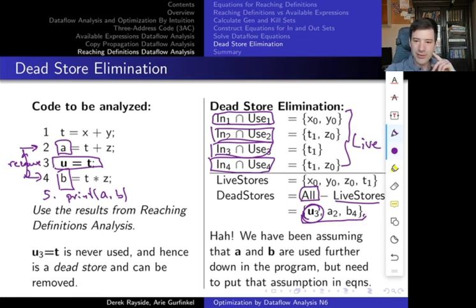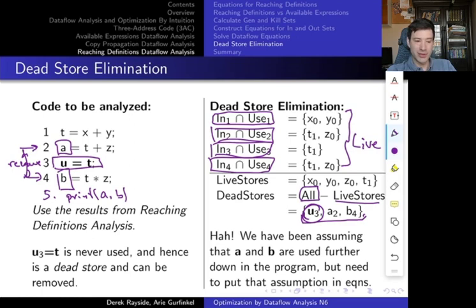Okay, so there's a question again, why are A2 and B4 not live, they're dead, but not removed? There are two parts to it. One is, if we were doing dead store elimination on this piece of code, then A, B, and U would all be removed. But when we were looking at this intuitively, when we had this code before, we said U is a dead store, but we didn't say that A and B were dead stores.